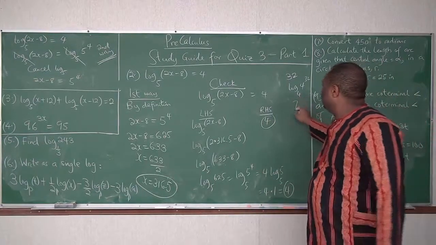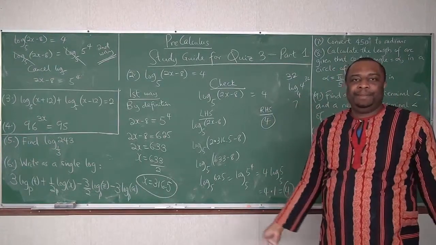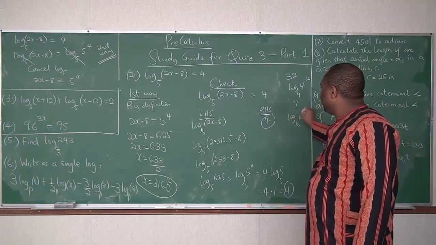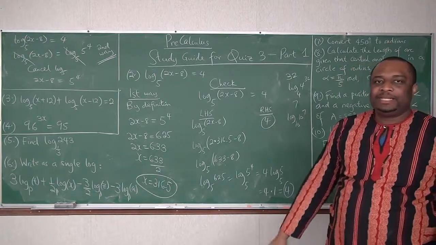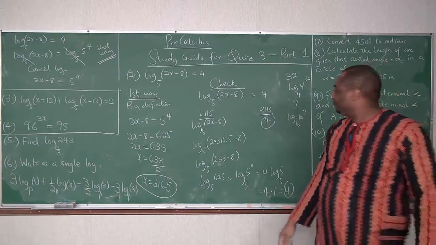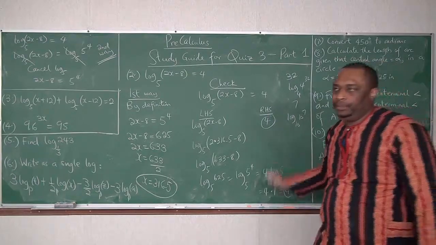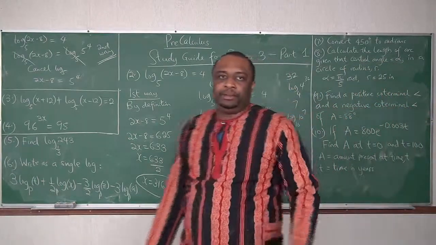If I have 7 and I want it to be in base 10, it will be log base 10 raised to the power 7. That's the way you do it. That should be 10 million, right? Yeah, if you do log 10 million, it should give you 7.